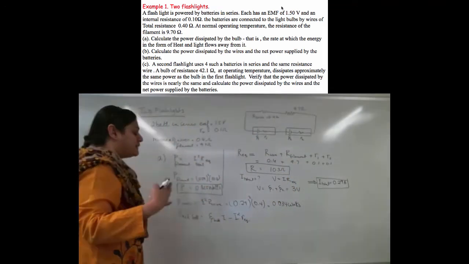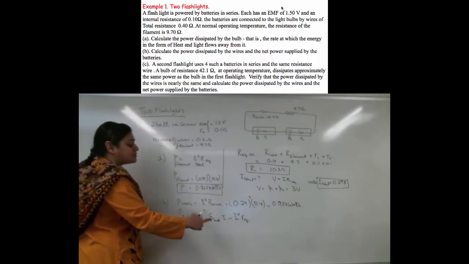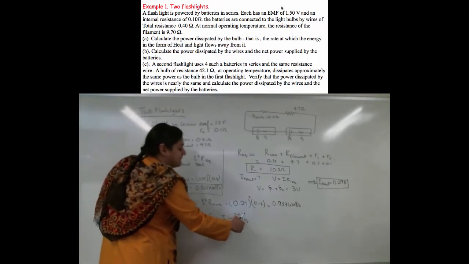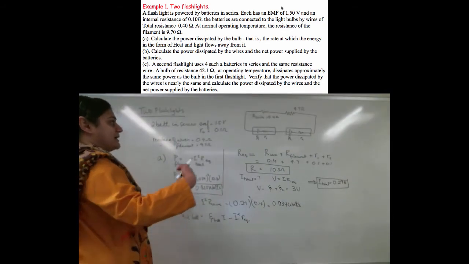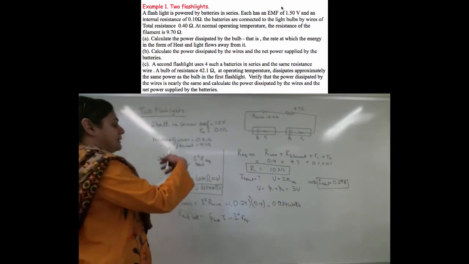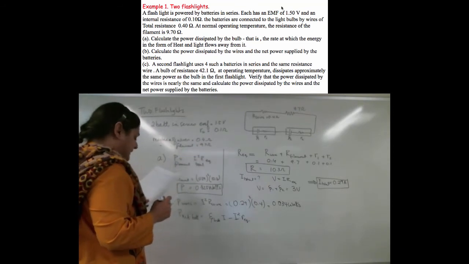Because the total power that's supplied by the battery includes the total EMF of both batteries minus the R equivalent, that's the internal resistance, the amount that's taken away internally from the batteries, right?